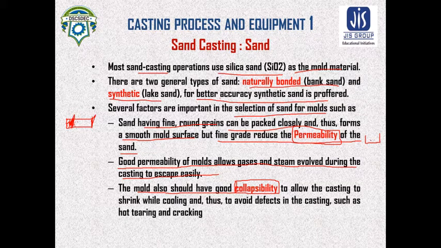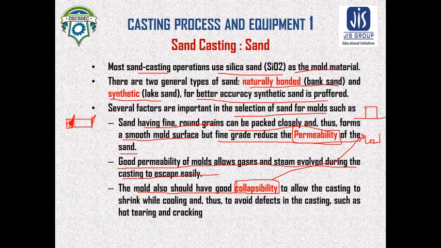In a mold, the molten metal will shrink due to solidification, and collapsibility means the sand wall or the mold cavity wall should remain at its position without breaking up or chipping up.